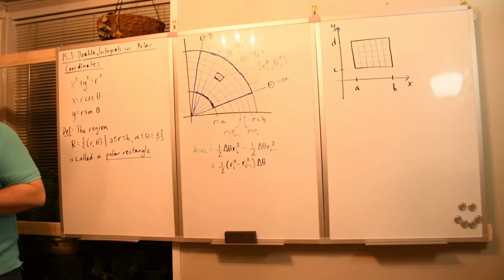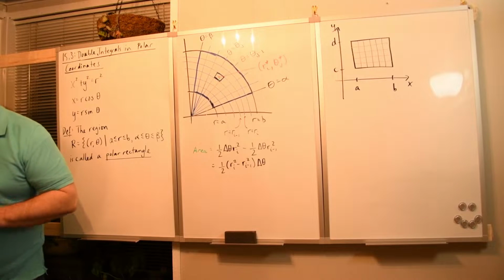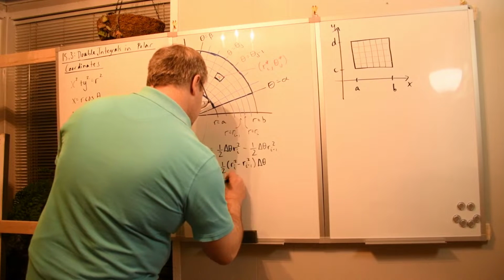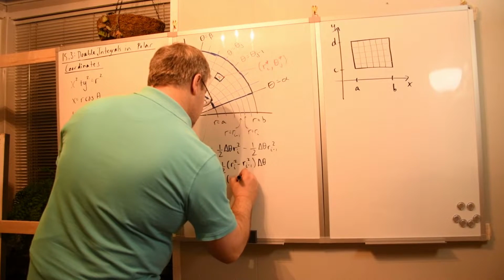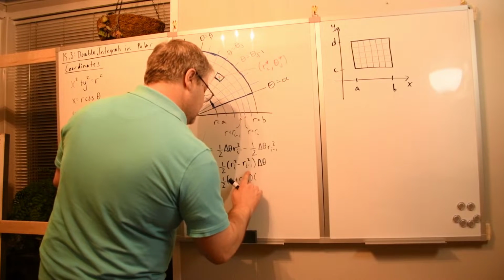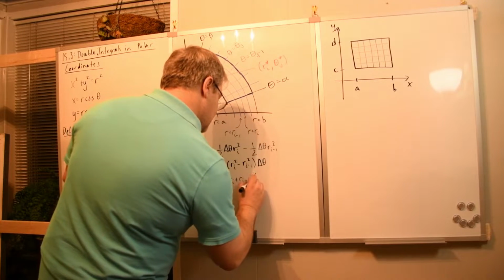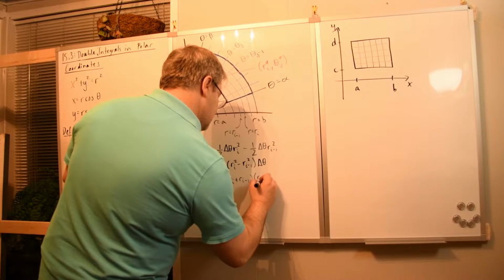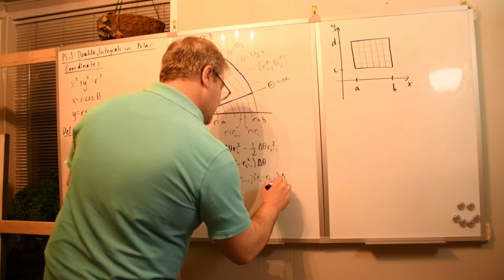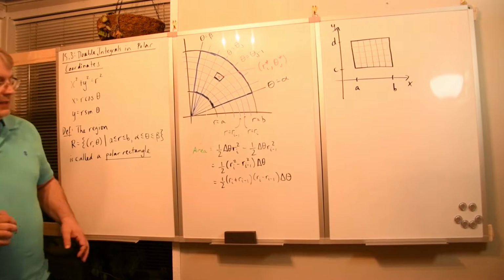We can factor it. So if we think about what the factorization would look like, you'd have 1/2 times r sub i plus r sub i minus 1, times r sub i minus r sub i minus 1. And we still have the delta theta sitting right there.